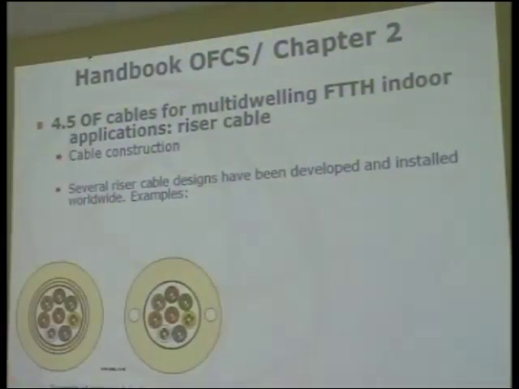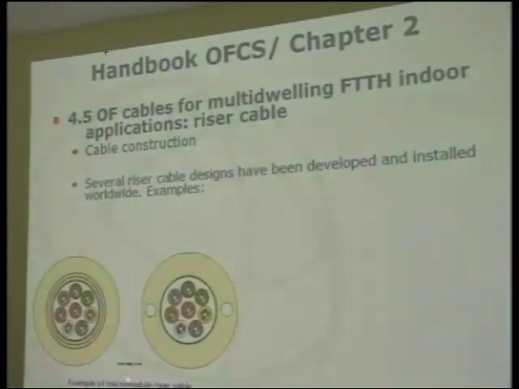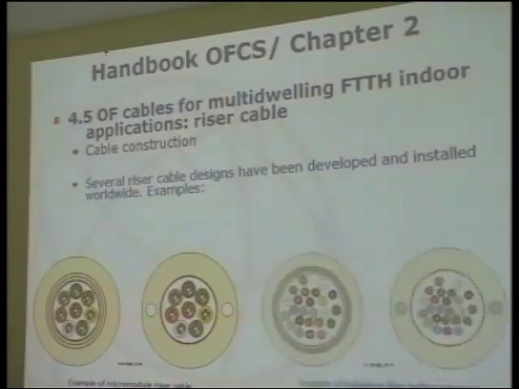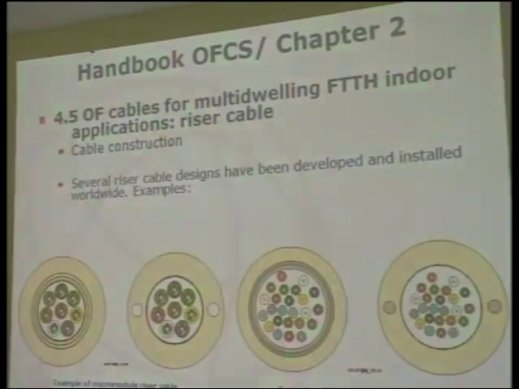Some cable constructions, you see here already mentioned the micro-module cable in some form. And you can also here have a tight buffered construction. In all these cases you see that the strength member has been moved to the jacket material again to make very compact cables.